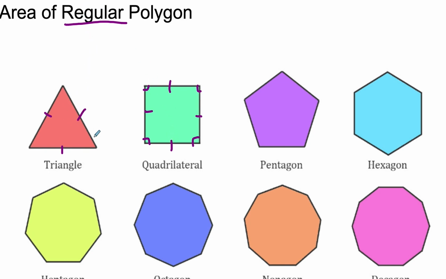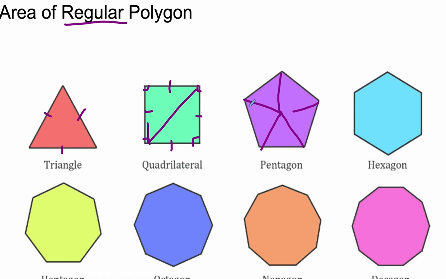Because we already know the triangle, and the quadrilateral came from 2 triangles too. So thinking about that, we can easily make a lot of triangles for every regular polygon. Here in the pentagon, we have 5 equal size triangles.